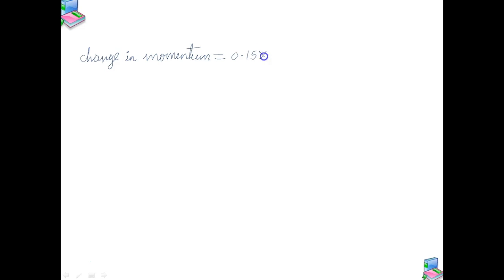0.15 into 12 minus of minus 0.15 into 12. According to the second law, that is 3.6 newton second.